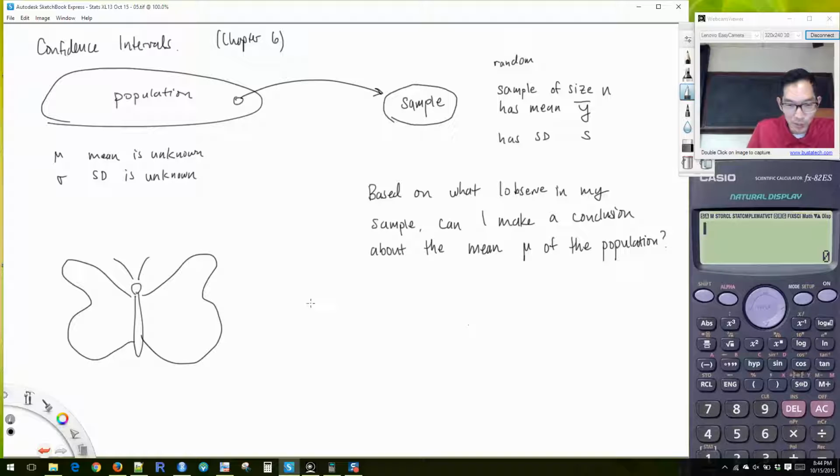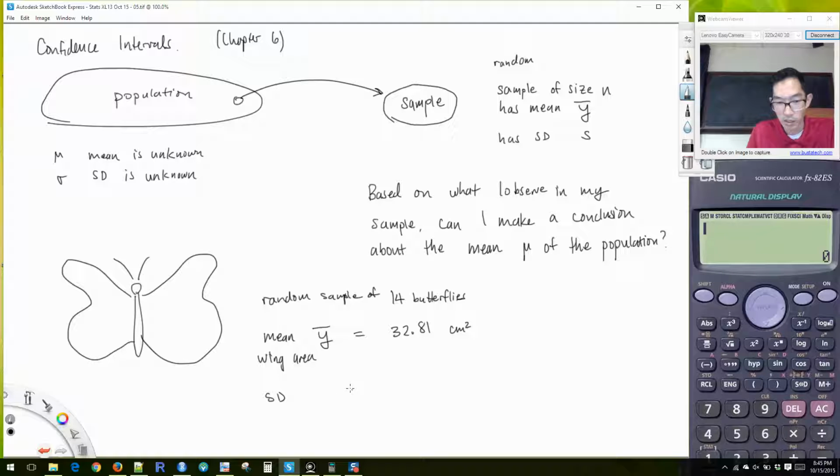Somehow we obtained a random sample of 14 butterflies, or what could be assumed to be a random sample of 14 butterflies, and the mean wing area of these 14 butterflies is 32.81 square centimeters, and the standard deviation s is 2.48 square centimeters. Here's our data.